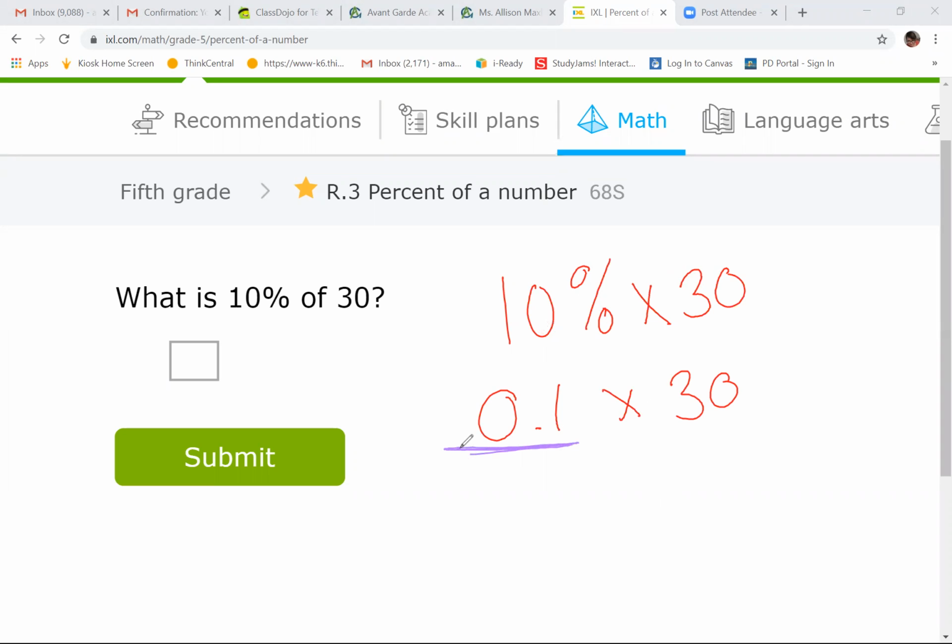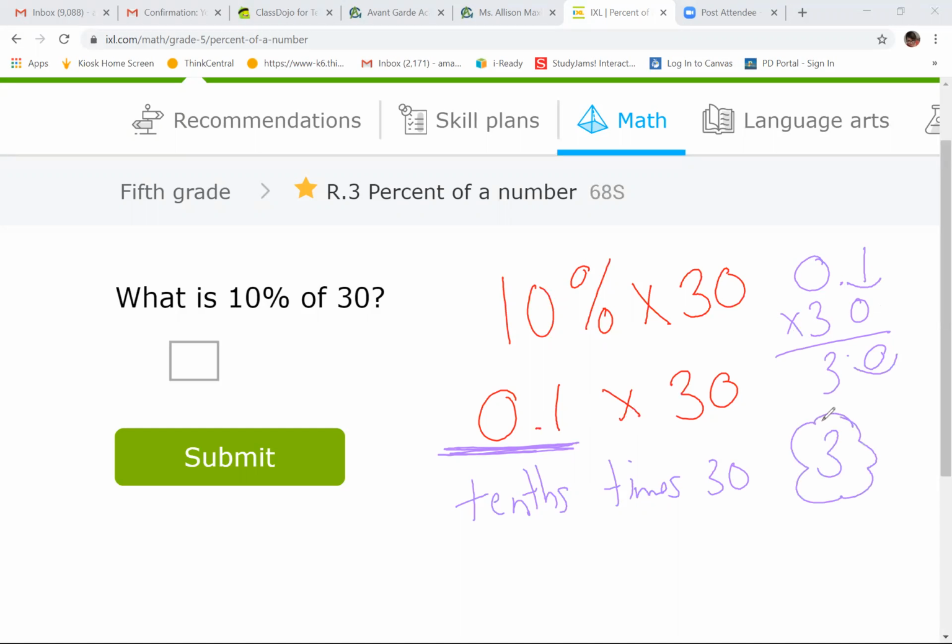This right here says tenths times 30, right? Tenths times 30. So what they're asking us is to multiply these two numbers together. 0.1 times 30. 3 times 1 is 3, done. But now I've got one space, so I need to get my decimal. So my answer is going to be 3, right?